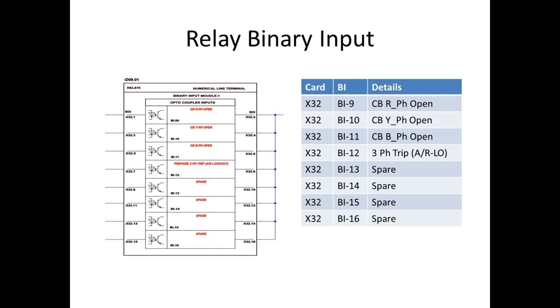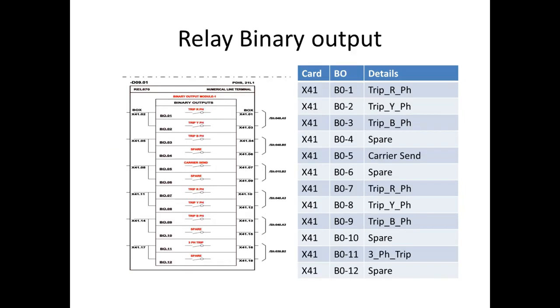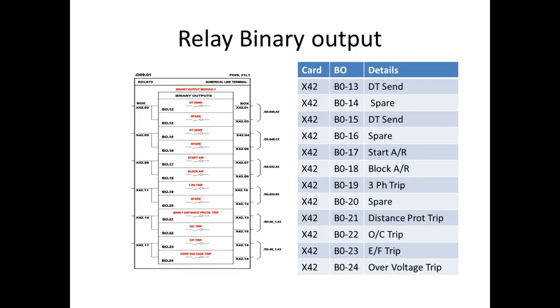Now we will see the binary output. These are the binary outputs. The card X41 consists of 12 outputs, and when you go to X42 it has another 12 outputs. So totally 24 outputs are present in this card.